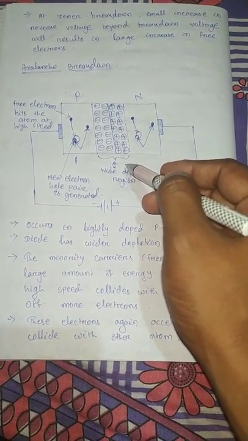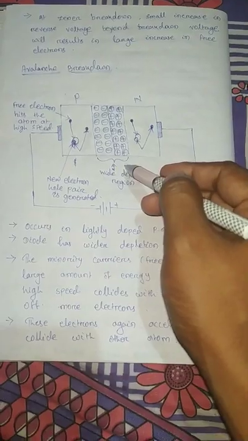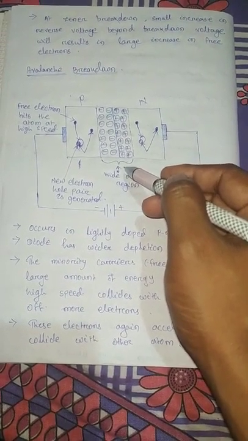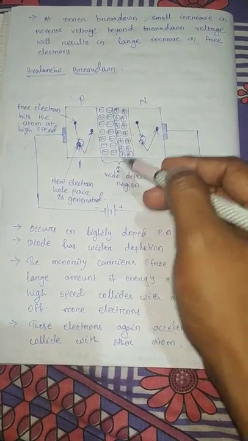In this case, the electric field is not strong enough to rupture the covalent bond and free electrons are generated.